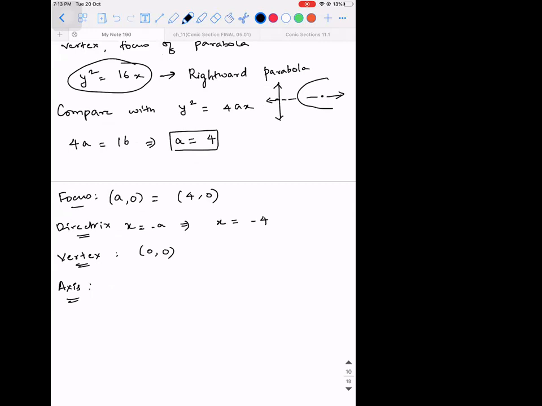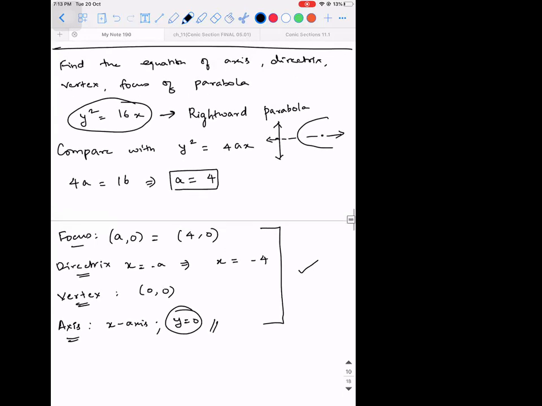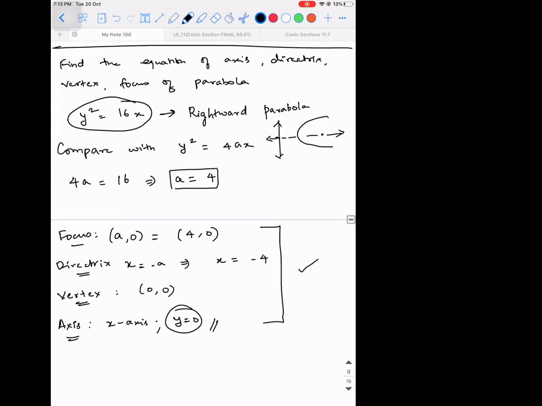What is the axis? It is the x-axis. What is the equation of the x-axis? y is equal to 0. So these are all the points related to this question. Is it clear? This is how the questions will be asked and we need to solve. Trust me, the maximum time to solve this exercise will be half an hour.